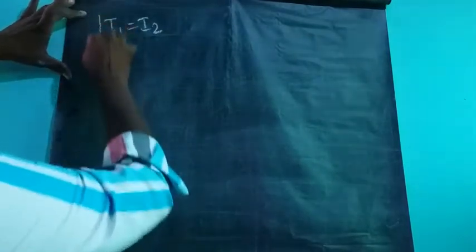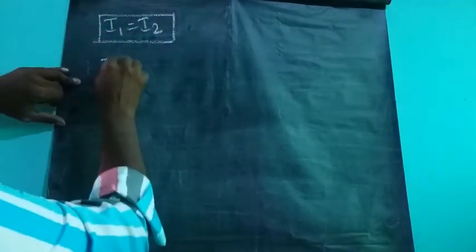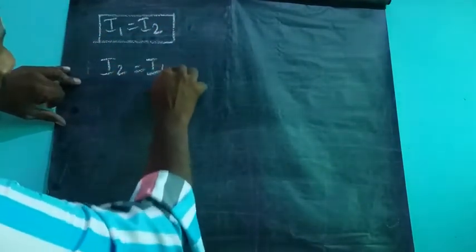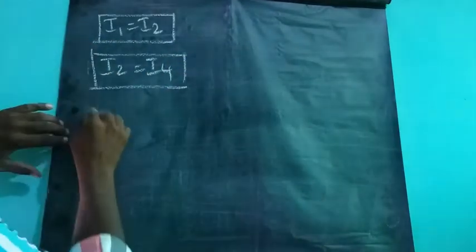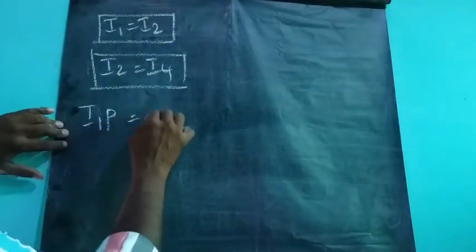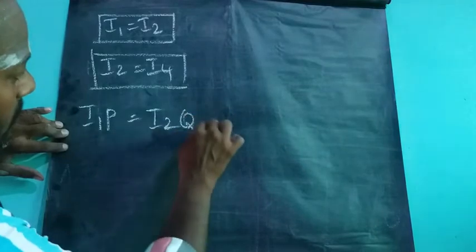See, the conclusions we have got for the Wheatstone bridge so far are: I1 is equal to I3, and I2 is equal to I4. Then I1P is equal to I2Q.